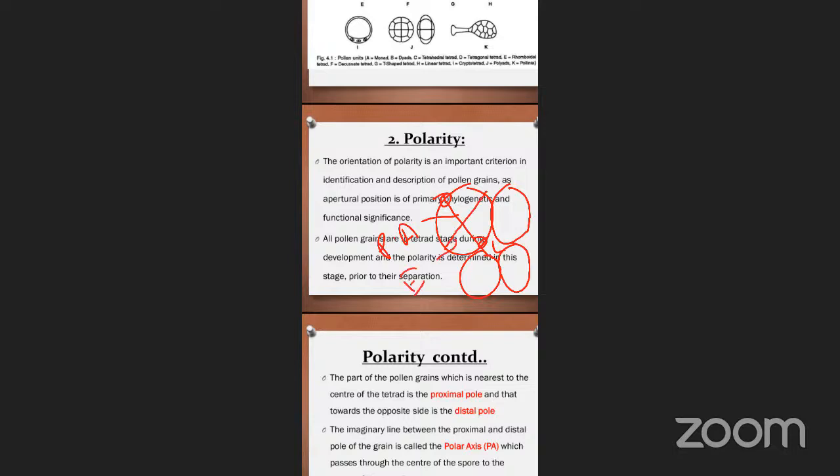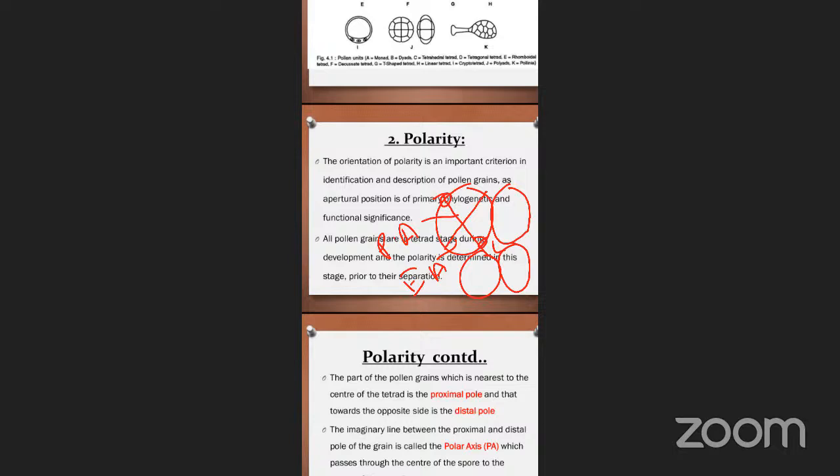In reality, there are mostly three types: apolar, isopolar and heteropolar. In apolar, there is no particular shape, no aperture, no pore.